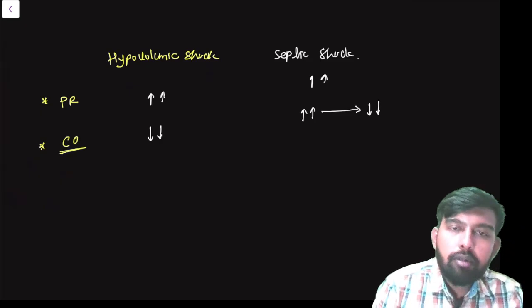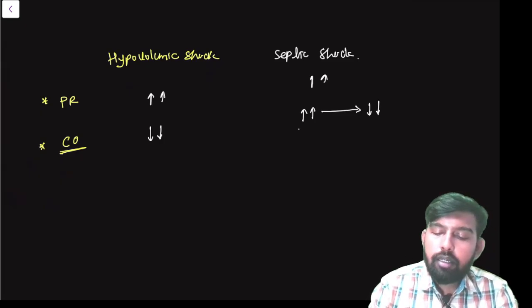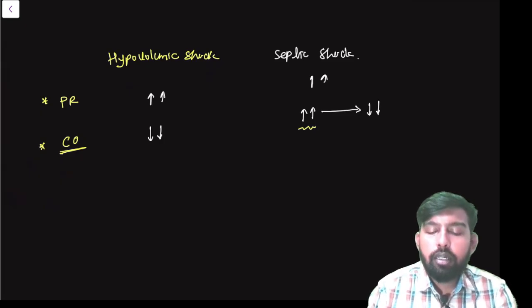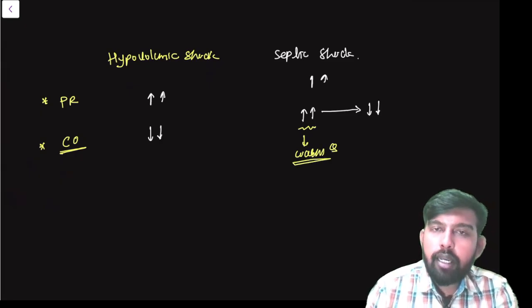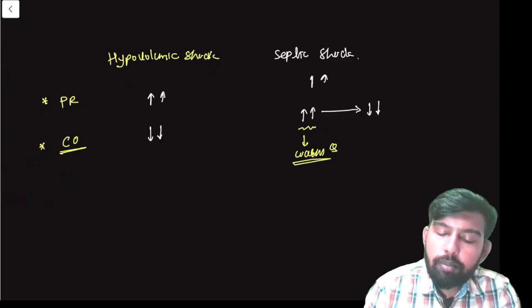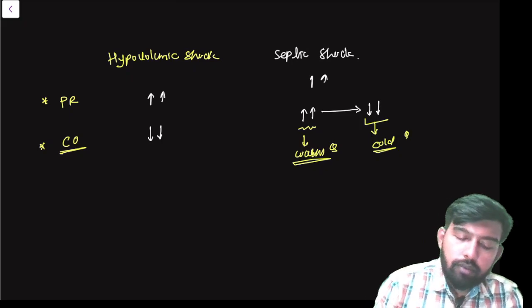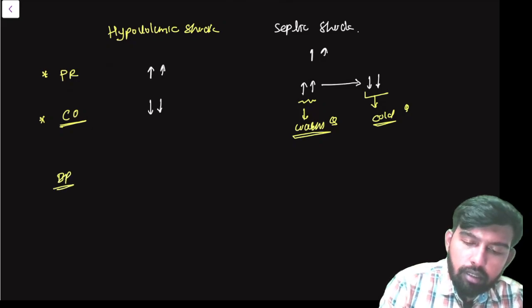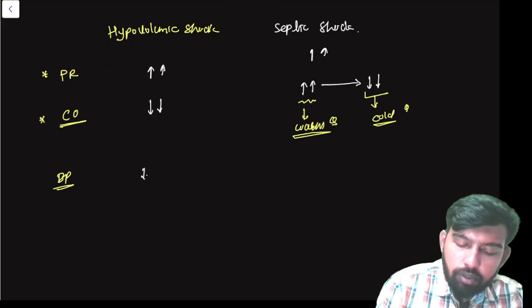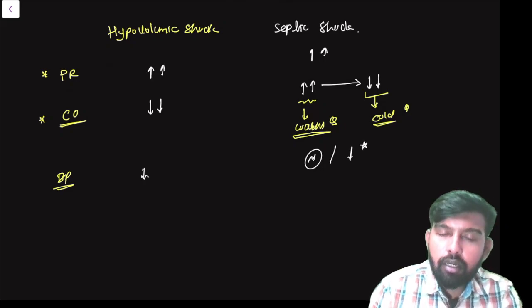The cardiac output is decreased in case of a hypovolemic shock, but in septic shock, initially cardiac output is increased in the warm type of shock, it is a hyperdynamic state, and ultimately in the cold type of septic shock, the cardiac output becomes low. So the blood pressure is decreased in hypovolemic shock, but it can be normal or decreased in case of a septic shock.